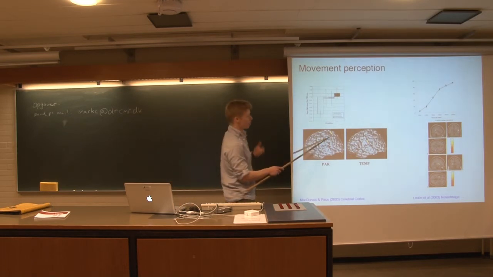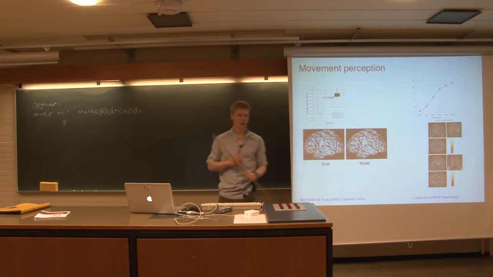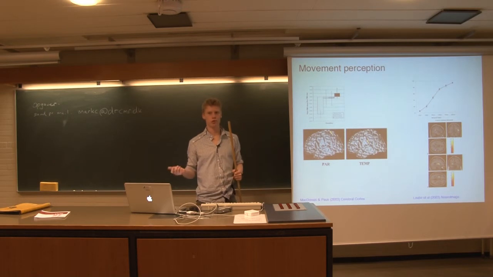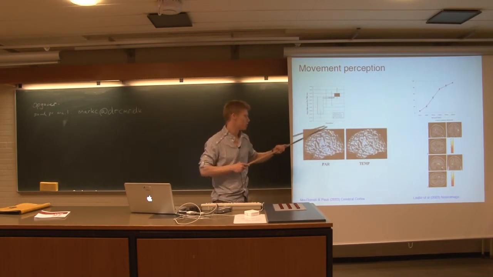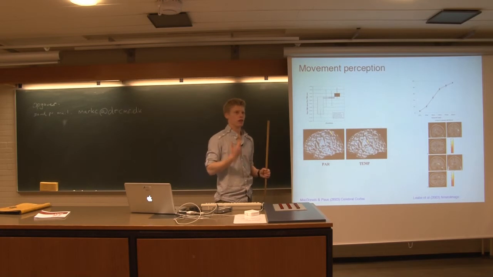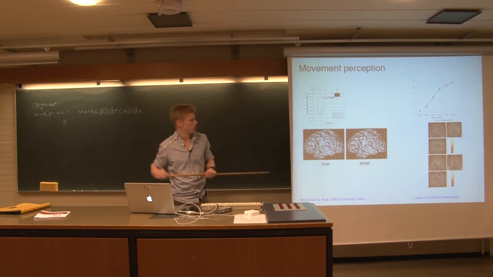It seems to be related to the fact that you have a model of how you expect the consequences of the movement you produce to be. That is then compared with the sensory feedback that you get, and if there isn't a correspondence, you will lose the ability to recognize movements as being performed by yourself.